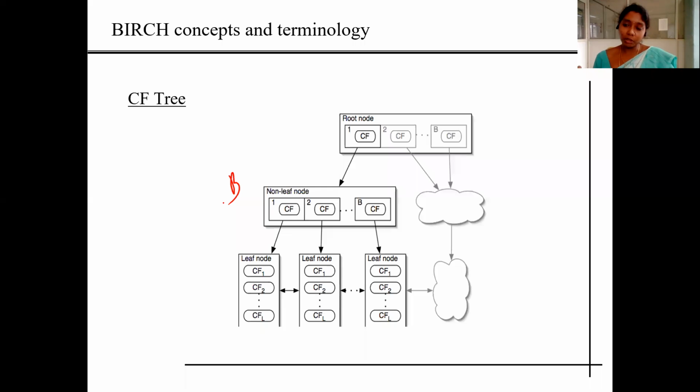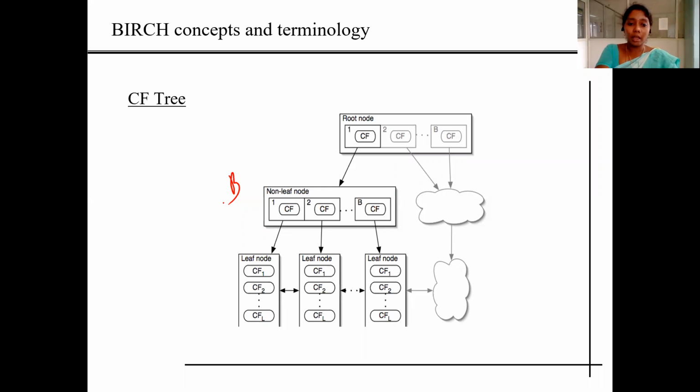It is a threshold on the non-leaf node. It indicates the number of children allowed for a non-leaf node. Suppose the branching factor is equal to 3, each non-leaf node should have less than or equal to 3 children. Like that, it's a threshold on a non-leaf node.